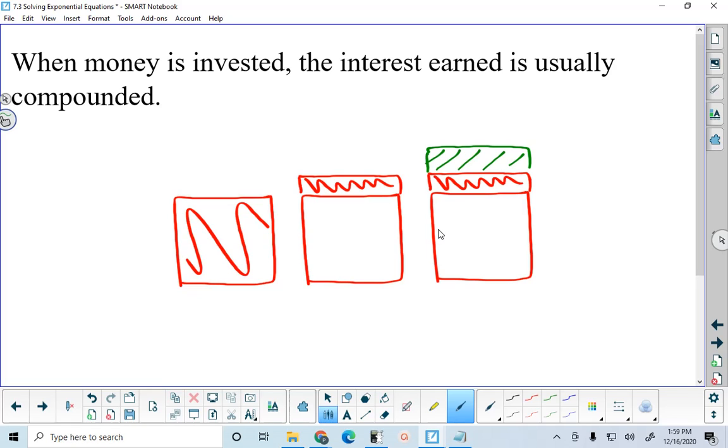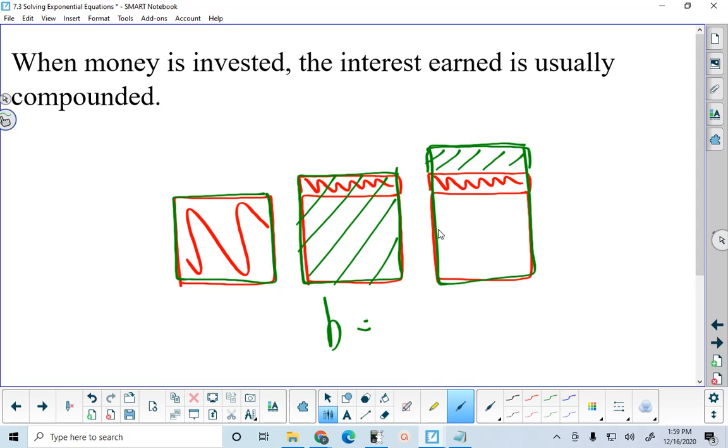And it's because the money you get in green is 20% of this, which is more money than you started off with to get the 20% of the red. So what happens is you get 20% of this the first go around, then you get 20% of this, then you get 20% of this. Well, that means it's exponential with a common base of 1.2. Well, I guess it's common from one multiplication to another. And that's what compound interest is.